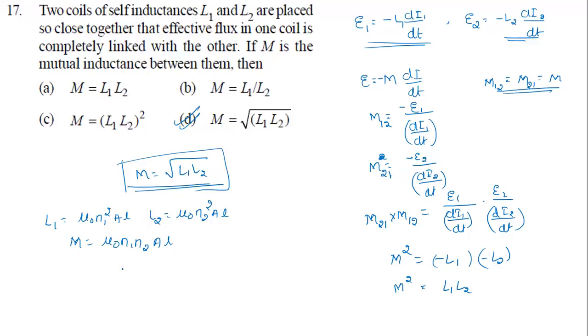If I put the values of L1 and L2 and multiply L1, L2 and simplify that, I get that option also. That is also allowed. You can do it this way also.